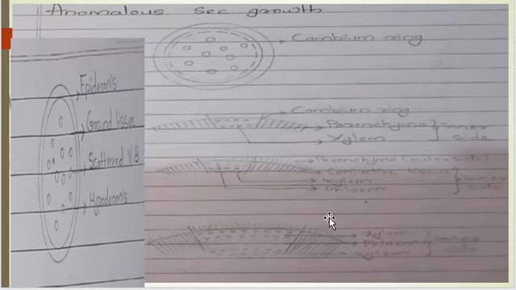Then in the cambium ring, the conjunctive tissues are differentiated or scattered and they form parenchyma cells at the outer side and the conjunctive tissue at the inner side. Then these conjunctive tissues are again differentiated as xylem and phloem.